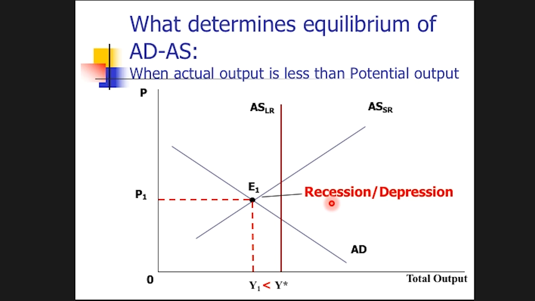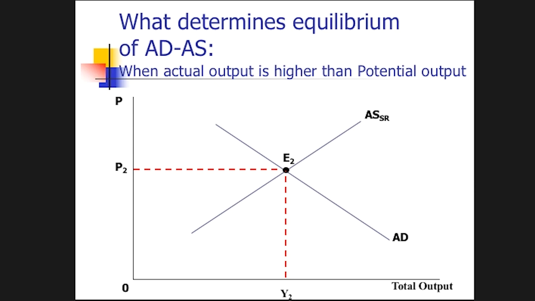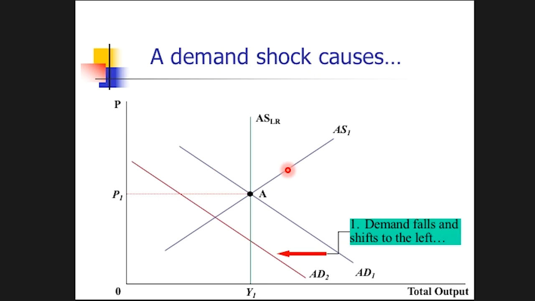A serious recession is called depression. And vice versa, if the equilibrium E2 is to the right of the long-run AS, it means that actual GDP is now higher than the potential output. So we will call this equilibrium state a booming or bubble economy.